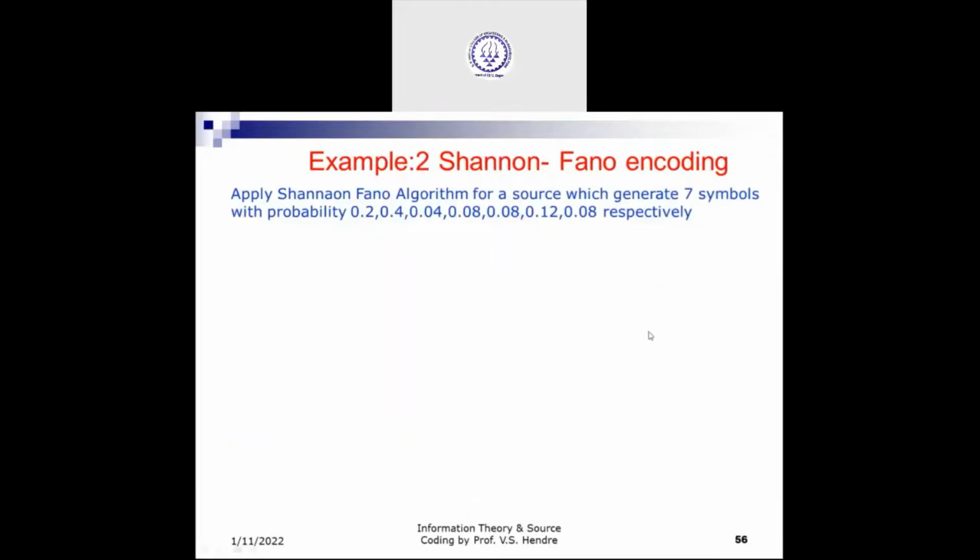Okay, so now we'll look at the second example of Shannon Fano encoding. Write down the example.